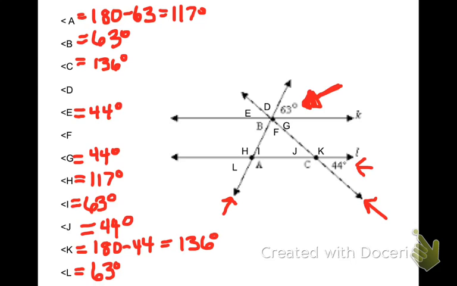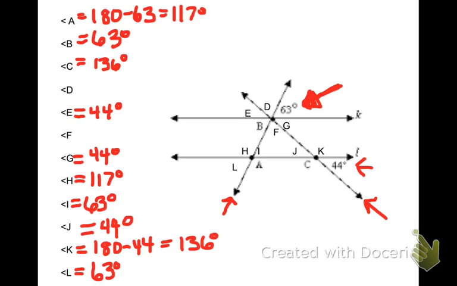So a lot of these are already given, and we just have to determine the relationship. So to find D, well, let's see. I know that D plus E plus 63 will equal 180.